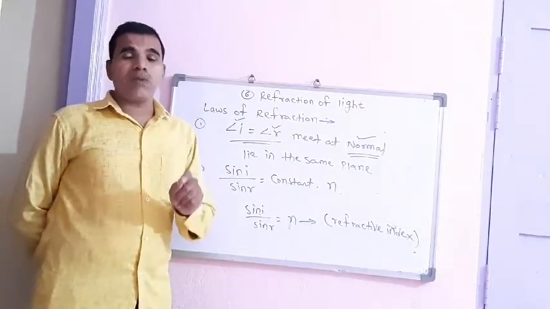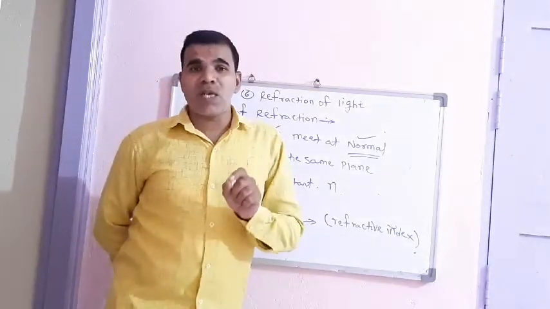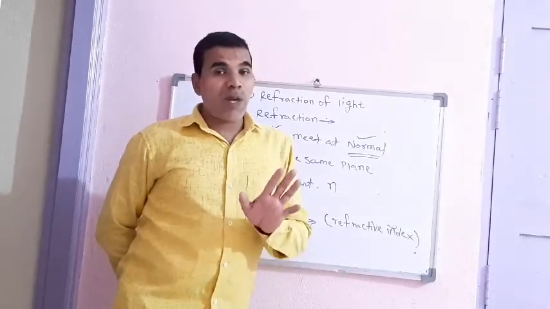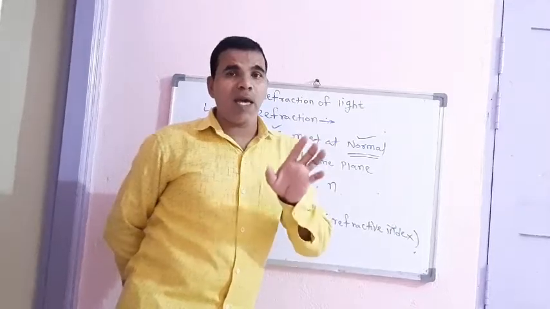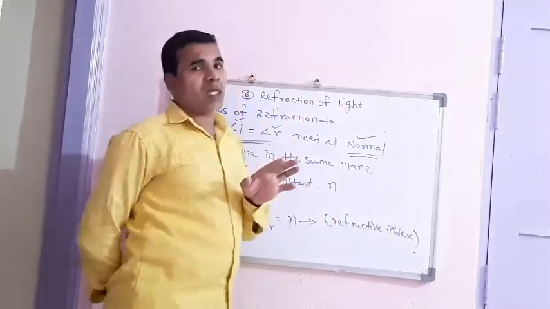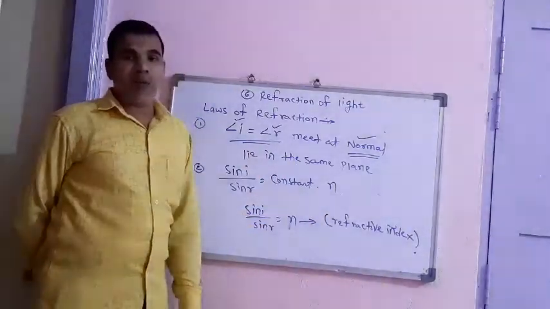For a different substance, the refractive index is also different. Refractive index is the ratio of sin i upon sin r, which is a constant. This constant number is called the refractive index.